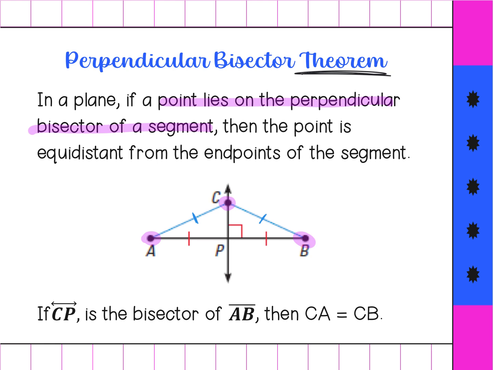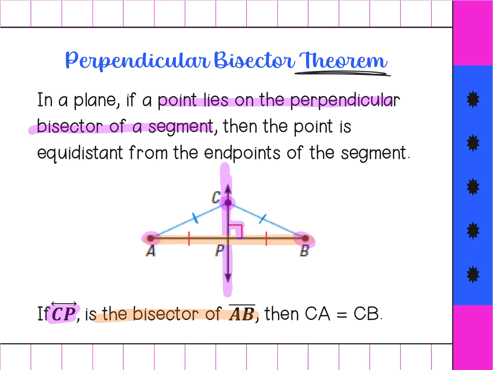So looking at this statement, if line CP is the bisector of AB, so here is my bisector. The bisector of AB. Okay, that's my bisector. I know it's bisecting because of my 90-degree angle.